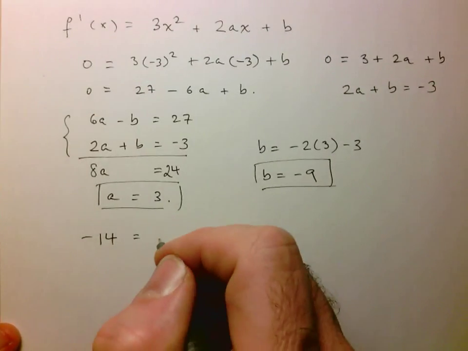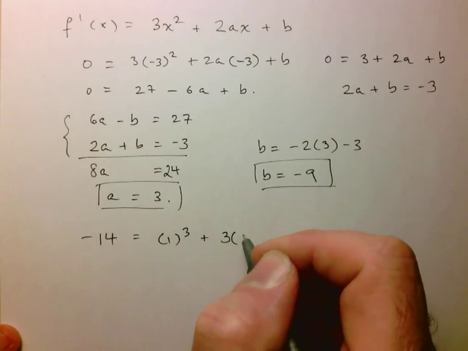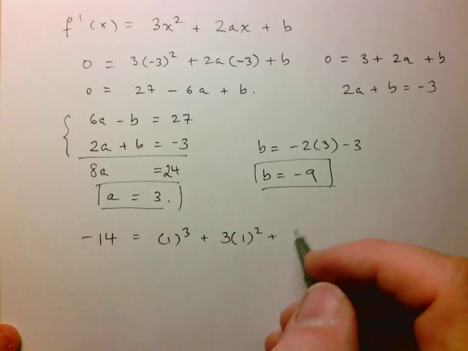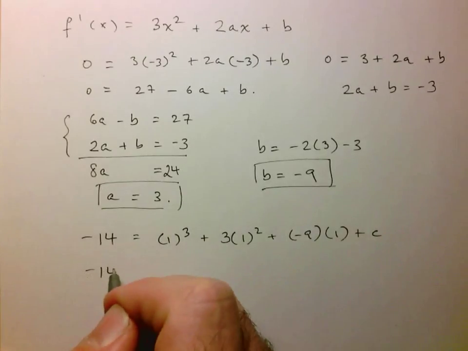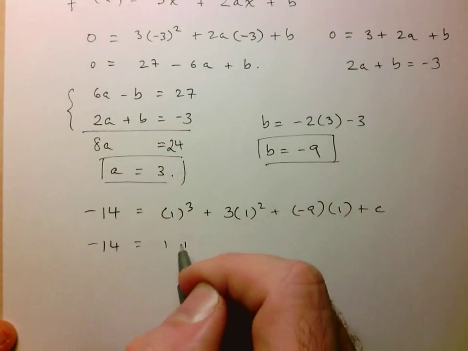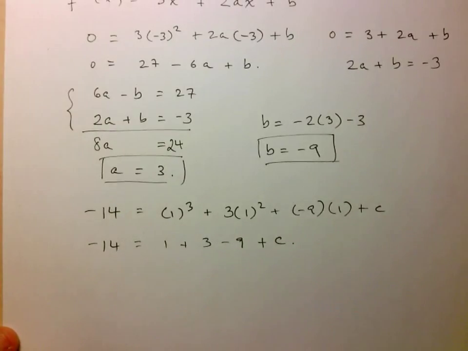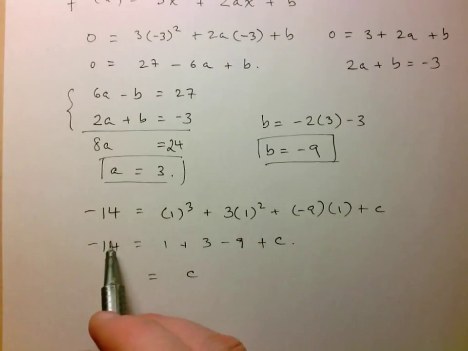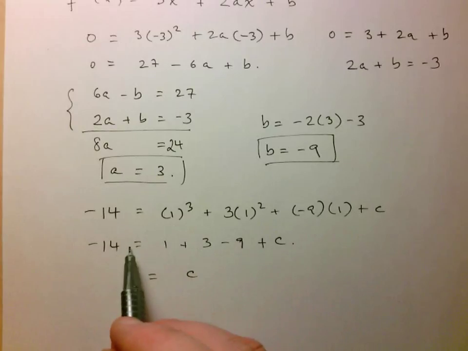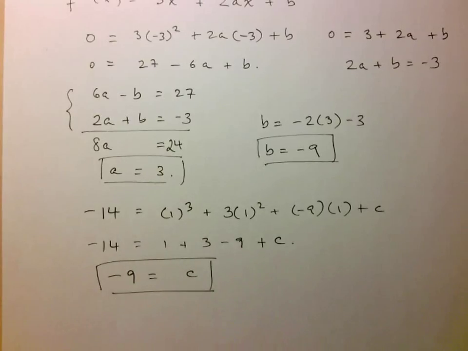So here we've got 1 cubed plus a, which is 3, times 1 squared, plus b, which is -9, times x, which is 1, plus c. So here -14 equals 1 plus 3 minus 9 plus c. So c is equal to negative 14 minus 1 is negative 15, minus 3 is negative 18, plus 9, so negative 18 plus 9 is negative 9. And there's my c value.